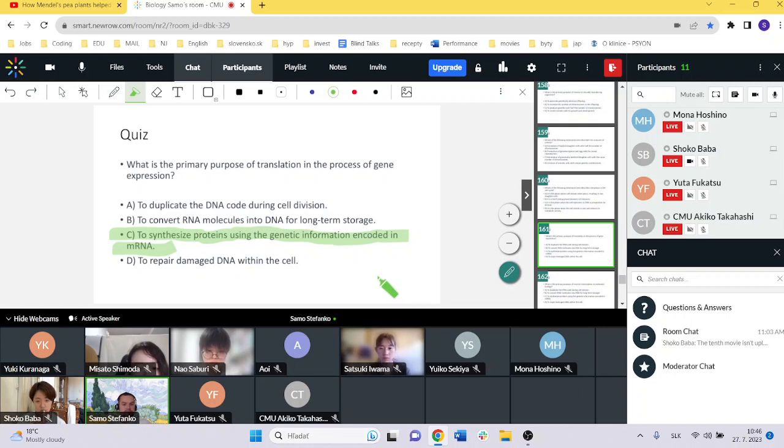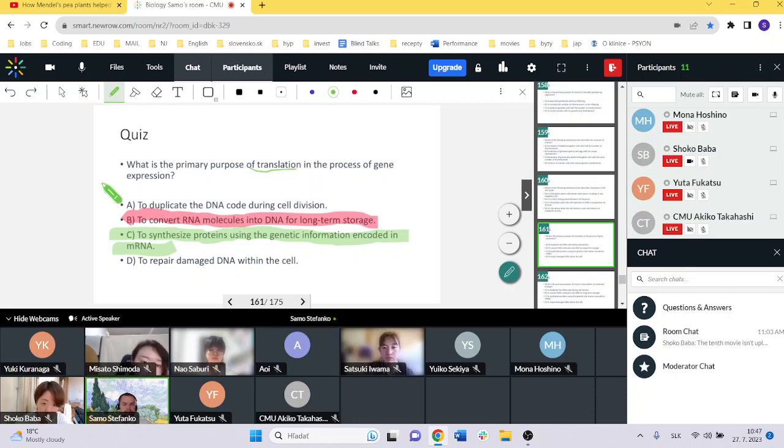Reverse transcription is a way how the retroviruses or HIV viruses infect the host cells, basically. And it's via reverse transcription. This is the process. They convert RNA molecules into DNA for long-term storage. So this is not translation. Our translation we are seeking, this is a reverse transcription.